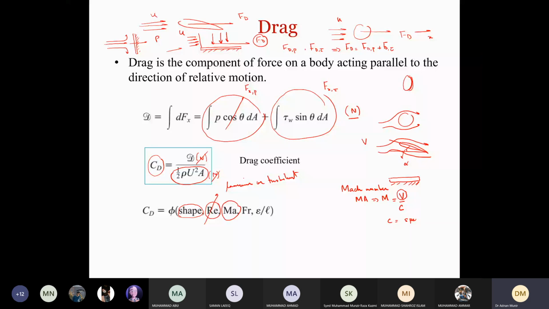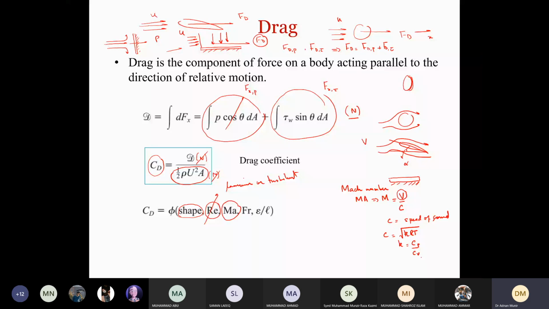And the speed of sound is a function of the properties of the fluid. For example, it is dependent on k R T, where k is Cp over Cv, the specific heat capacity ratio. Cp is specific heat at constant pressure. Cv is specific heat at constant volume.